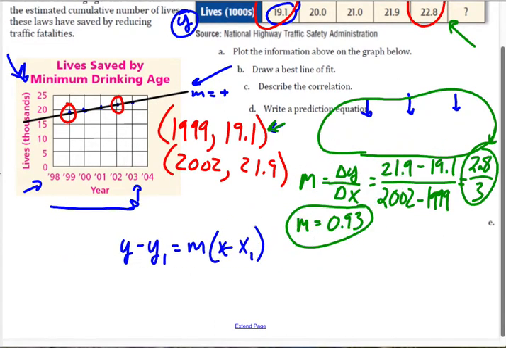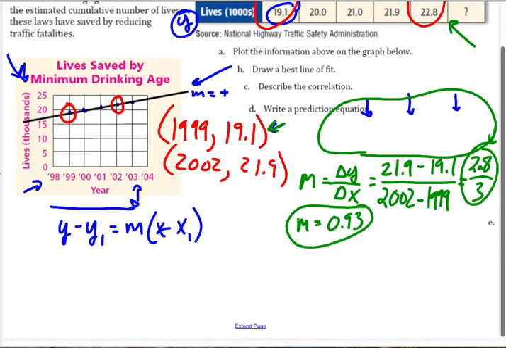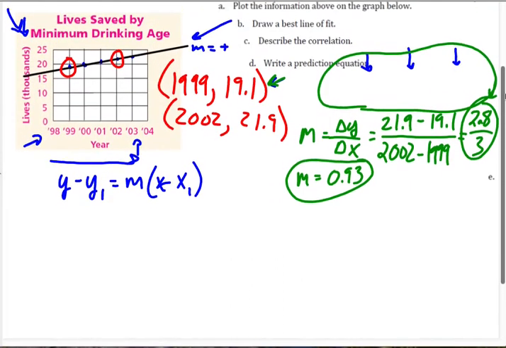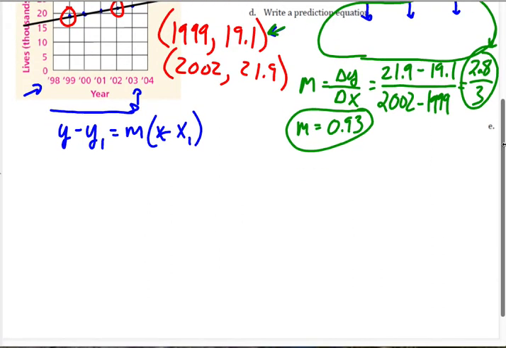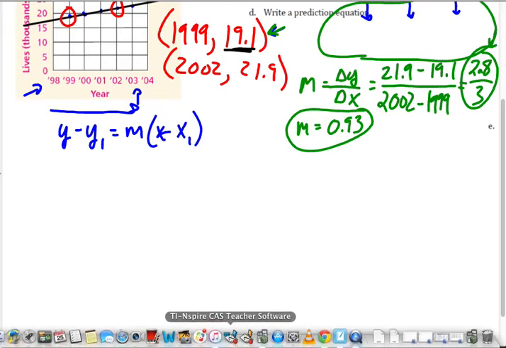So let's take this down here and let's start plugging some things in. Bring this back down a little bit, right about there. That's good. So y minus y sub 1, 19.1, equals m.